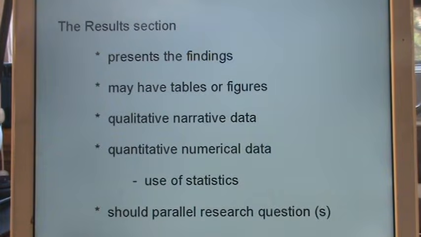If it's quantitative, then the data will be presented in numerical form, and there'll be some kind of statistical analysis used. Don't get blown away by the statistical formulas. Look at how the authors are interpreting those statistical measures, and that'll give you a clue. And obviously, the results of their research should parallel the research questions, but that goes without saying.